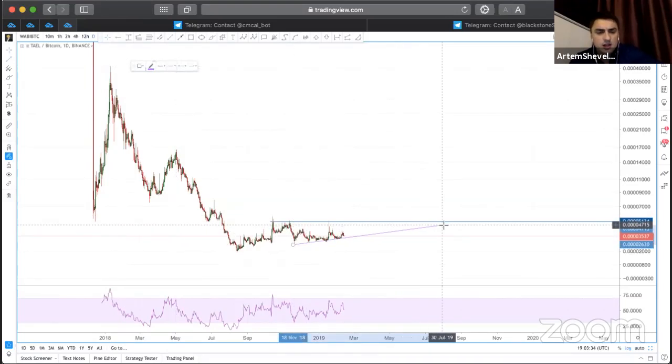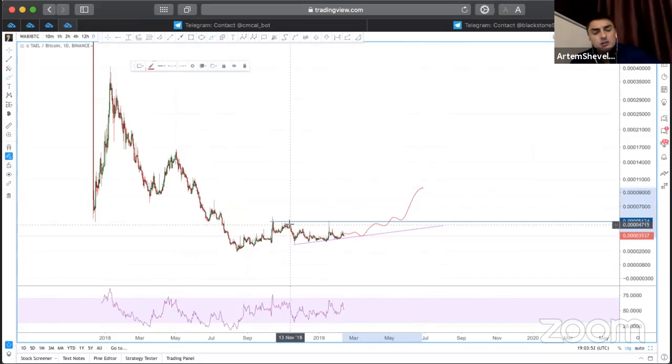As I can see, the WABI coin is making an ascending triangle. So we are probably going to see a continuation pattern like this, and probably a breakout.